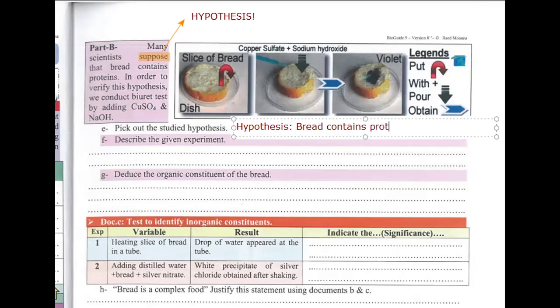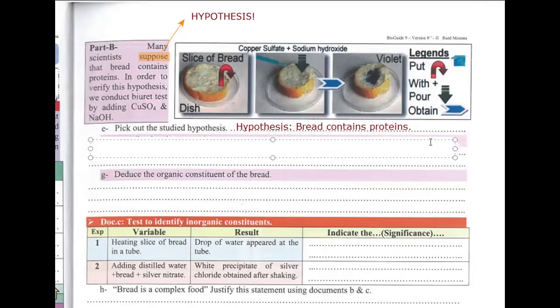bread فيه بقلبه proteins. Describe the given experiment كمان مثل ما قلت لكم، describe يعني we have to use the legend ونحطهم past tense. يعني نرجع منبلش: a slice of bread، هون الارو الأحمر هو put، يعني بقول was put on a dish.